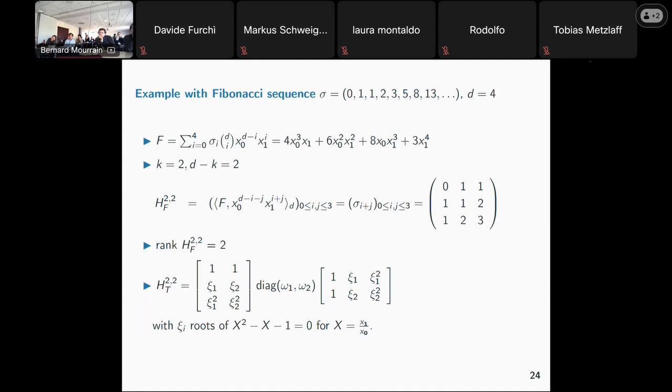So the factorization is like that, with the diagonal of the weights we have seen before; I don't have them here, but okay. And then the transpose of the Vandermonde. So this is the Vandermonde factorization of the tensor, for the Hankel matrix.